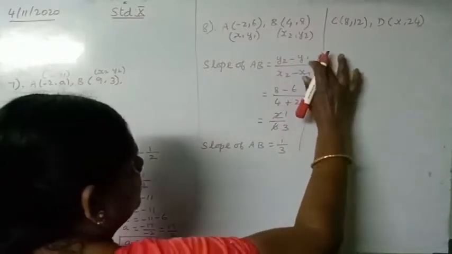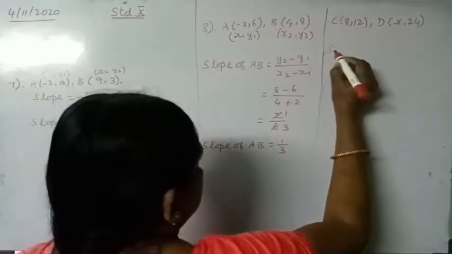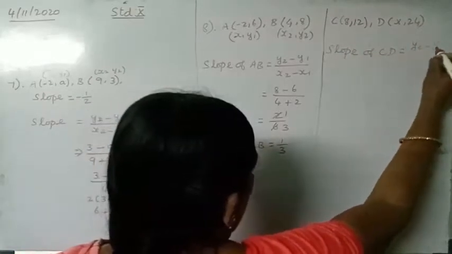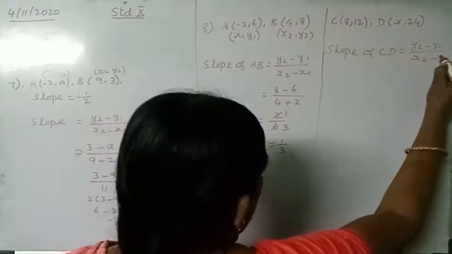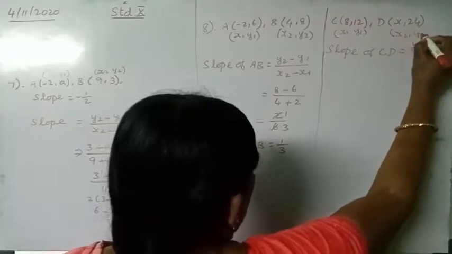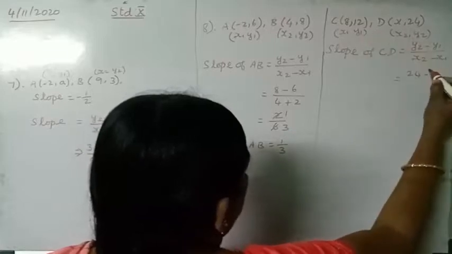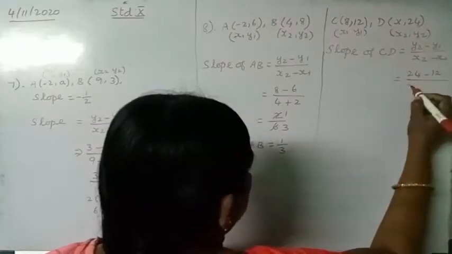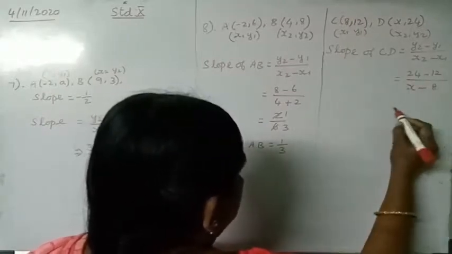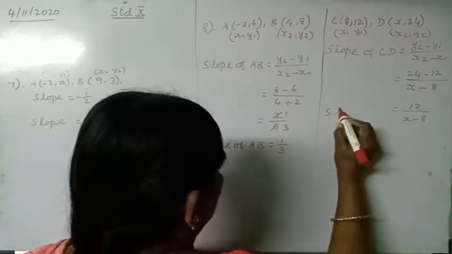Now find the slope of CD the same way. Slope of CD is equal to the same formula, y2 minus y1 by x2 minus x1. Take this as x1 y1, take this as x2 y2. So y2 is 24 minus y1 is 12 divided by x2 is x minus x1 is 8, which is equal to 12 by x minus 8. So it is the slope of CD.